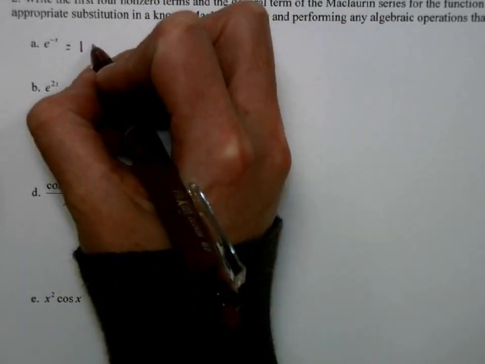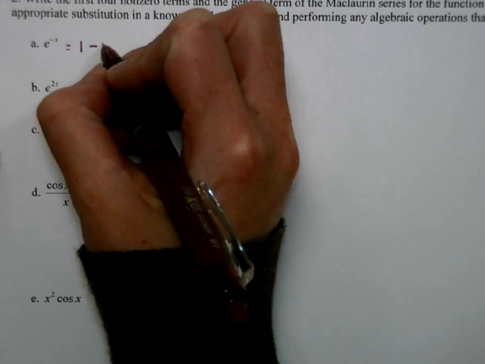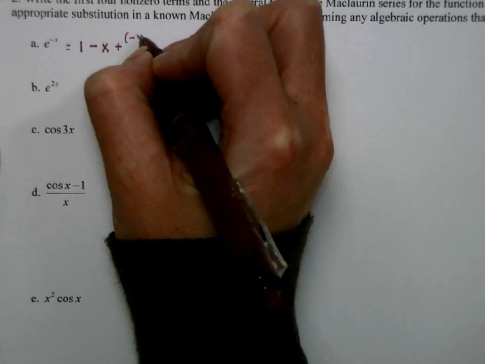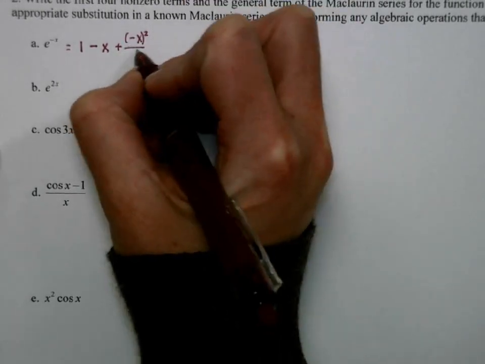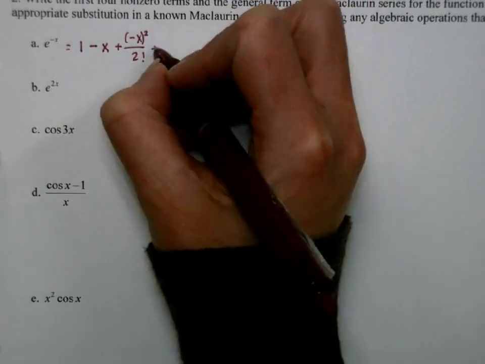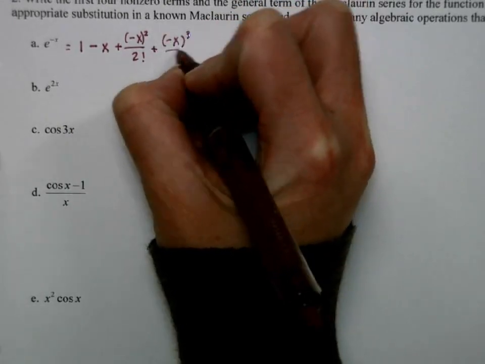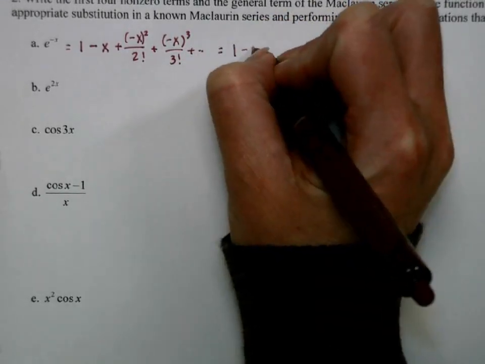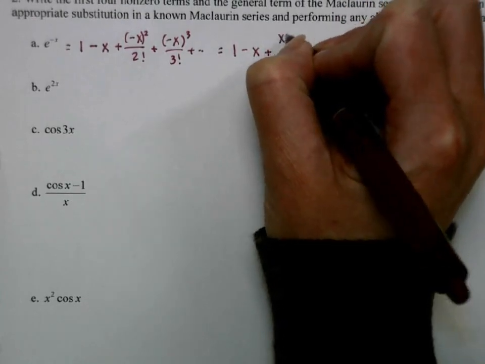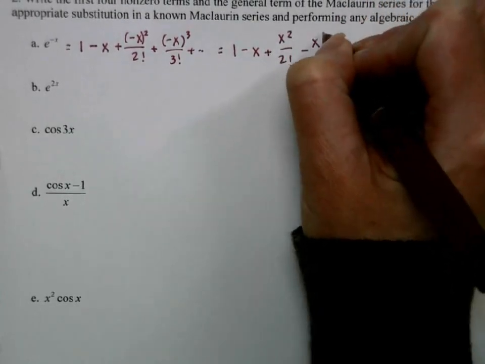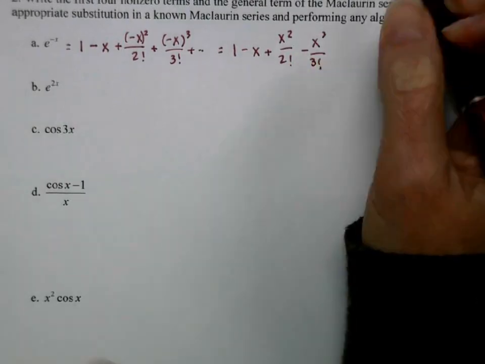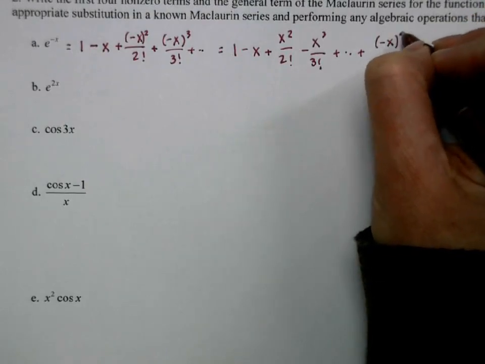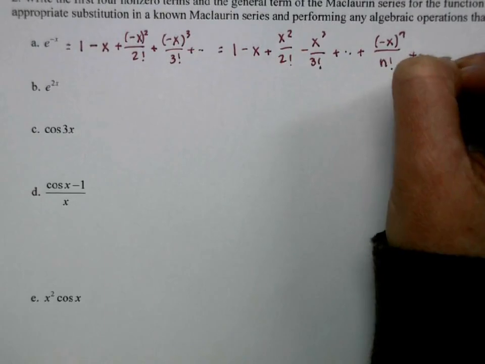So now we're going to have 1 minus x plus negative x squared over 2 factorial plus negative x cubed over 3 factorial, and so on, which is going to be 1 minus x plus x squared over 2 factorial minus x cubed over 3 factorial, and so on. So my general term is going to be negative x to the n over n factorial.